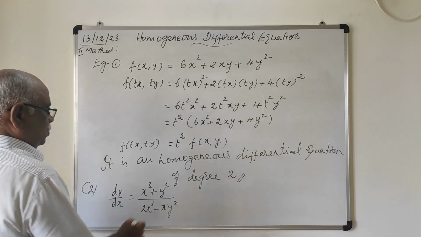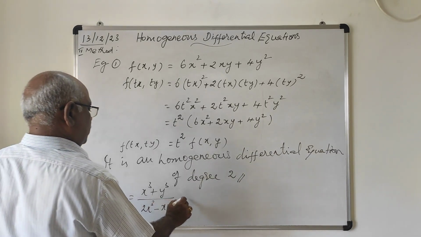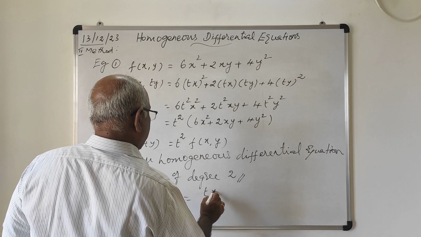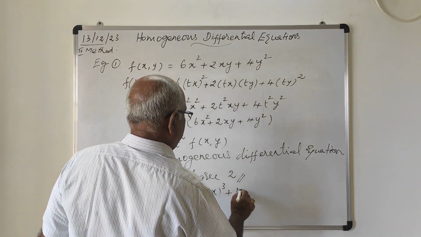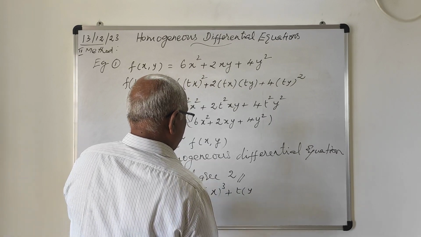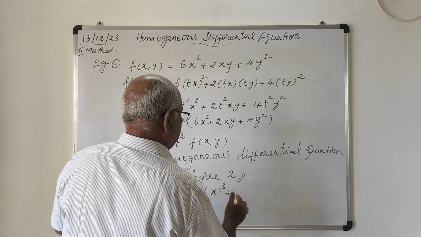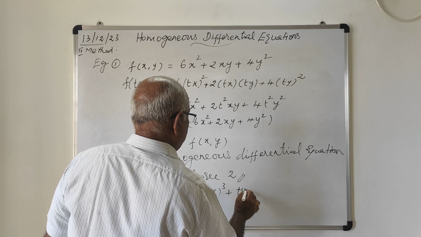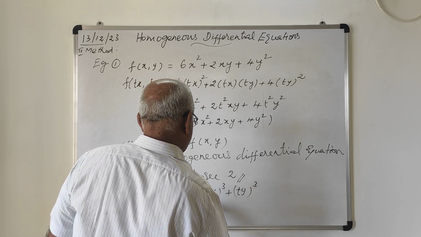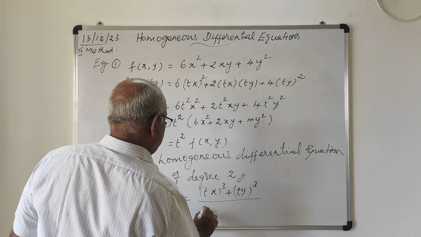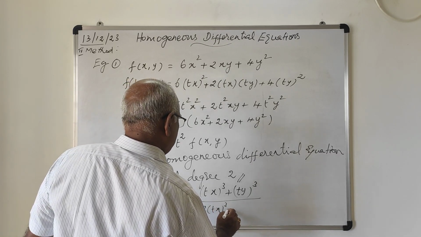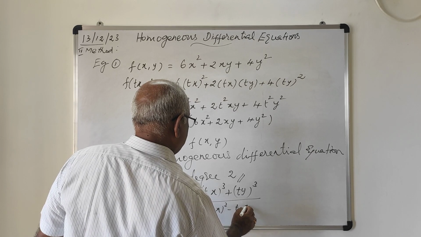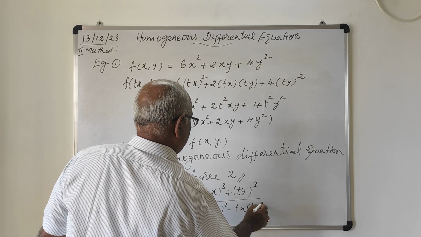In this equation also, you replace x by tx, y by ty: tx whole cube plus ty whole cube by 2 into tx whole cube minus tx into ty whole square.